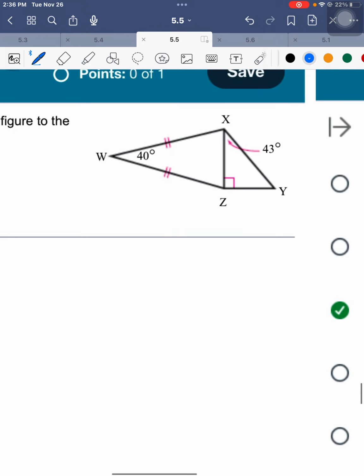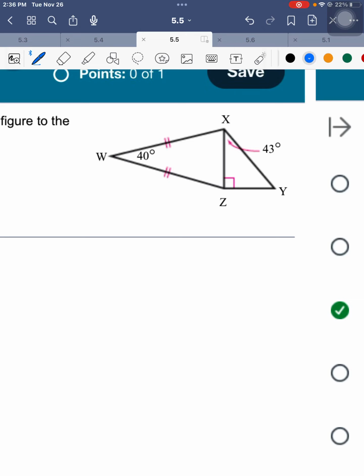Now, determine which segment is the shortest. Okay, so let's find the rest of my angles. Okay, so let's find the missing angles.